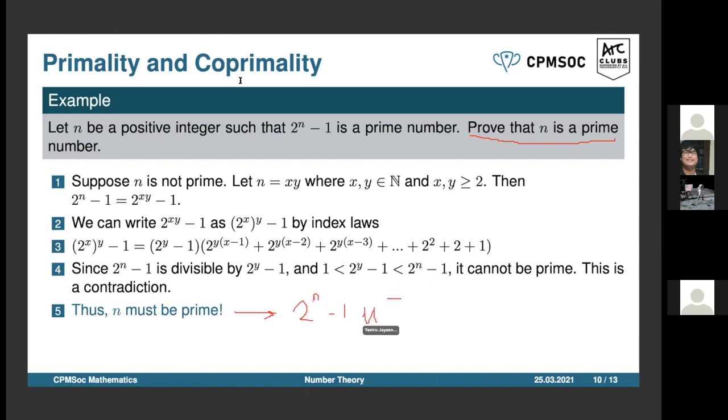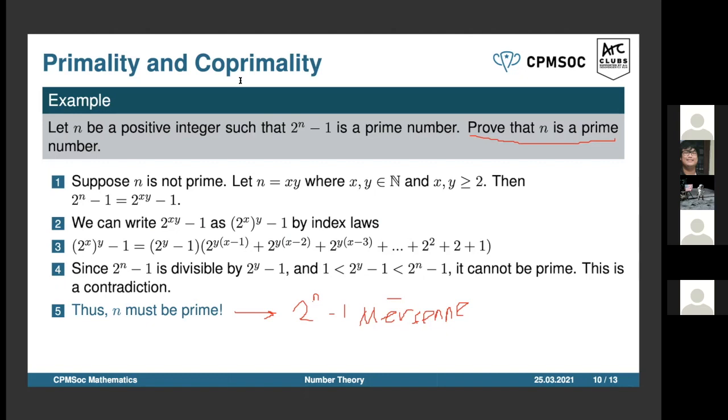Any prime number of the form 2 to the n minus 1 where n is a prime number is a Mersenne prime. A first exercise for the reader could be: when n is a prime, is 2 to the n minus 1 always prime? That's one question you can keep in mind.